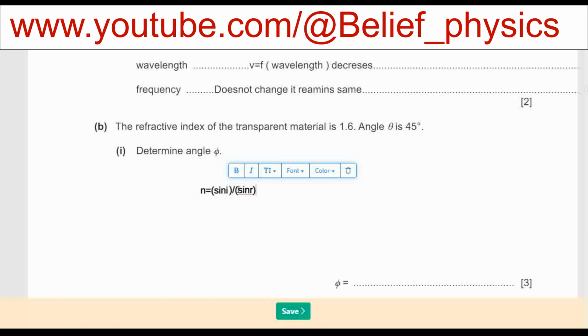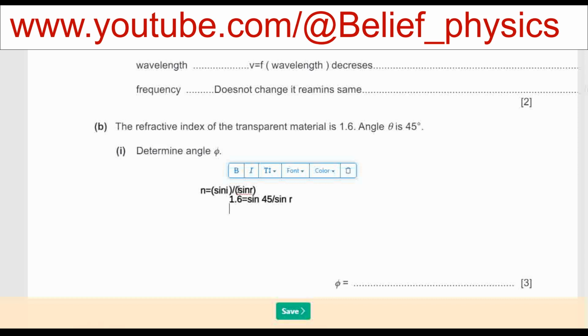According to the given condition, n is 1.6, so 1.6 is equal to sine i, which is sine 45, divided by sine r.